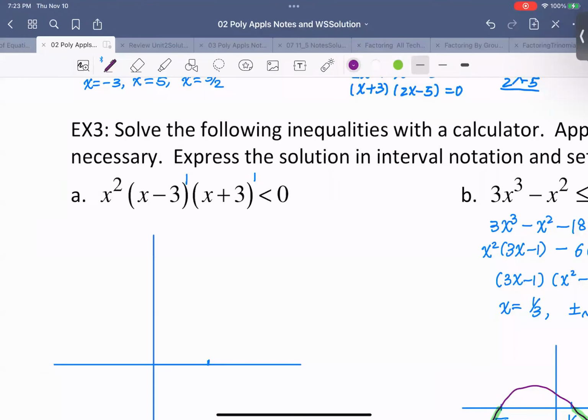So you have roots at 0, negative 3, positive 3, right? Yes. Okay. So what happened for this one? This means this, right? Yes.